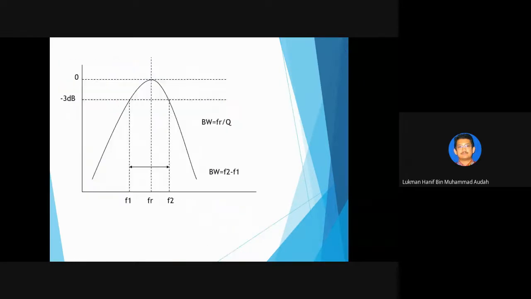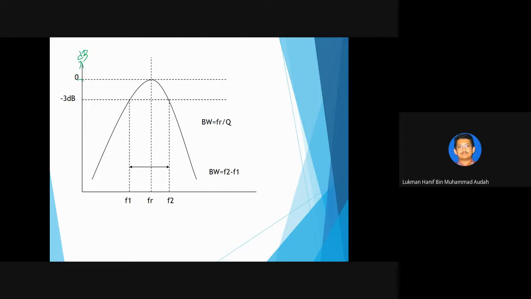So if we look at the frequency response curve of the filter, it looks like this. Theoretically it is bell shaped like this. Okay, so here is 0 dB, this is in dB actually. So 0 dB is the top part, and this is minus 3 dB.